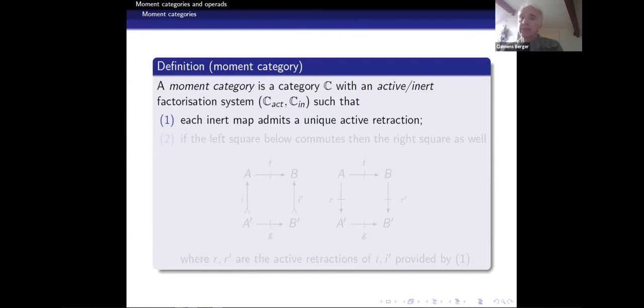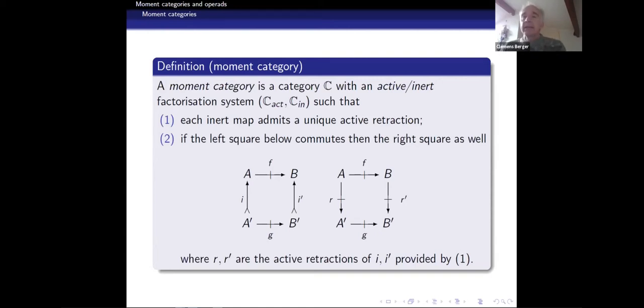And the second axiom is the following. If you have a commuting square like on the left, with parallel inert maps and active maps, where I always denote inert maps like I and I prime, and active maps like F and G, then each of the inert vertical maps has a retraction, which I denote by R and R prime.